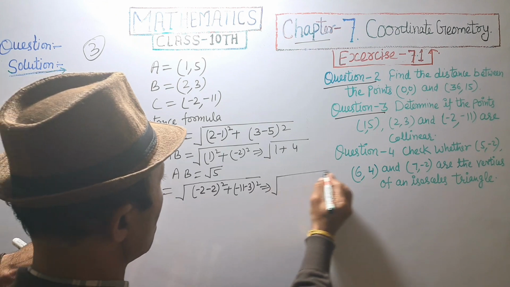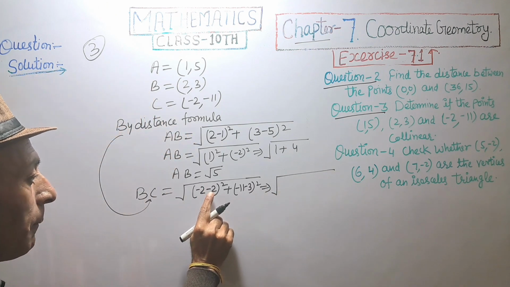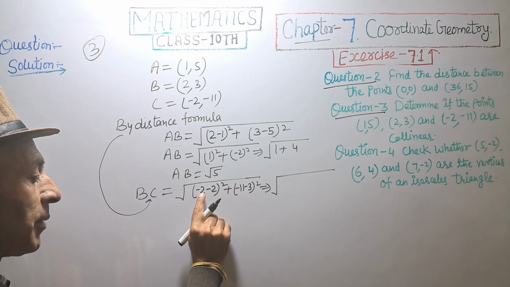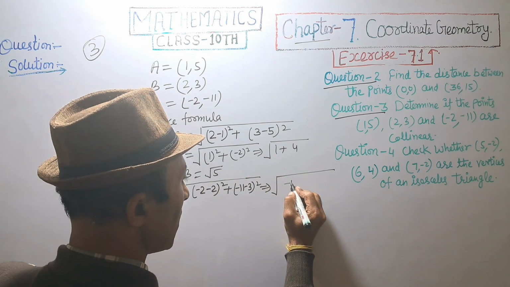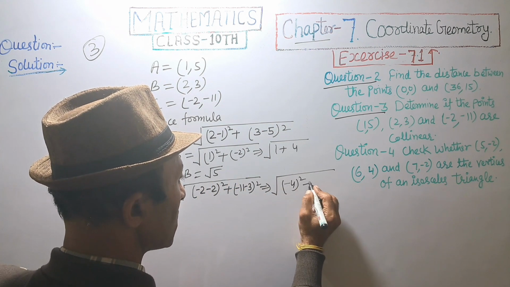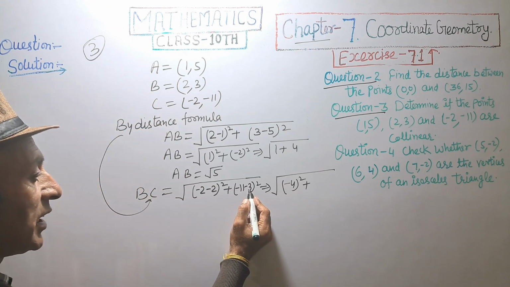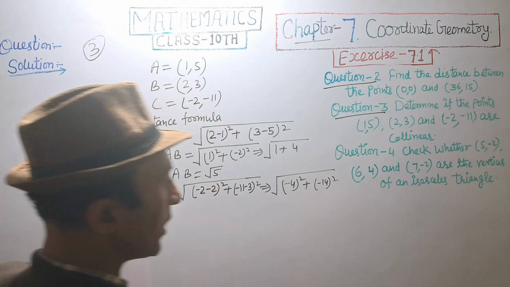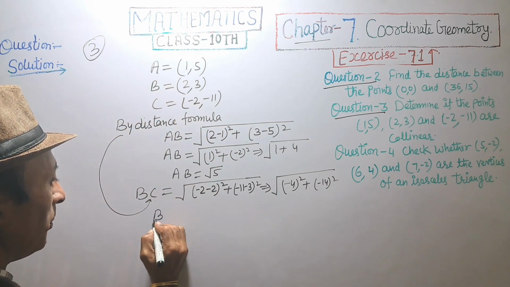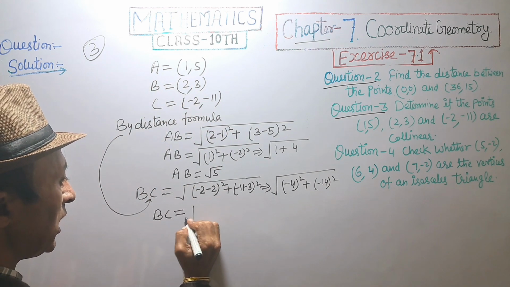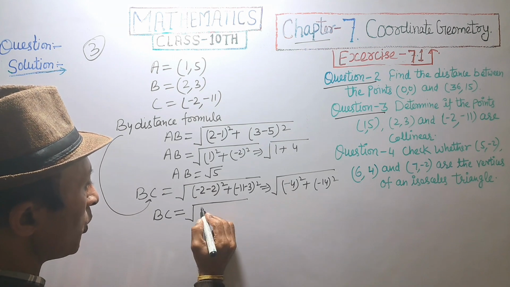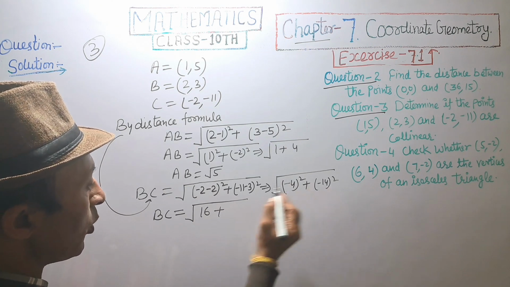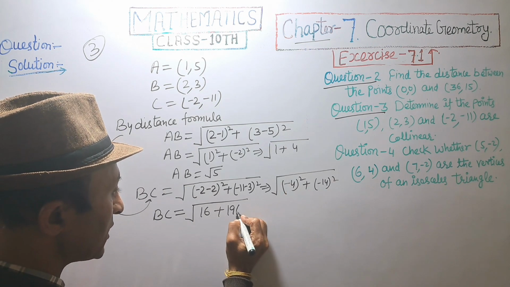This implies under root of (-2) that is -4 square, and -11 minus 3 is -14 square. BC is equal to 4 4s are 16 plus 14 14s are 196.